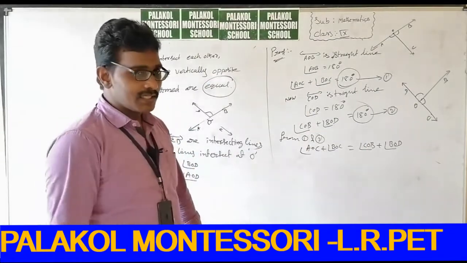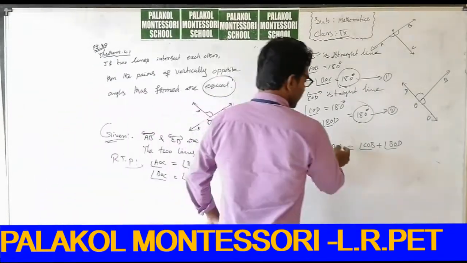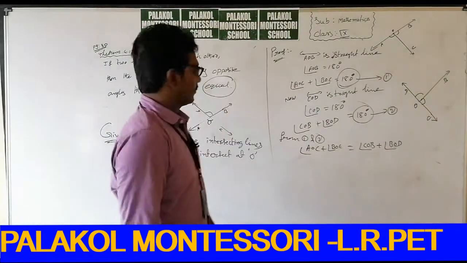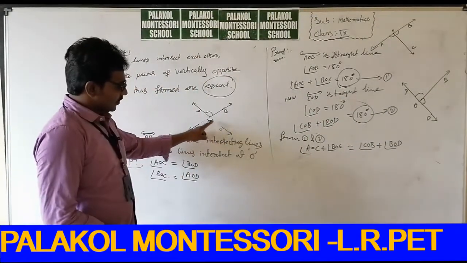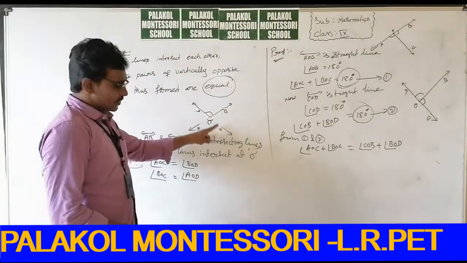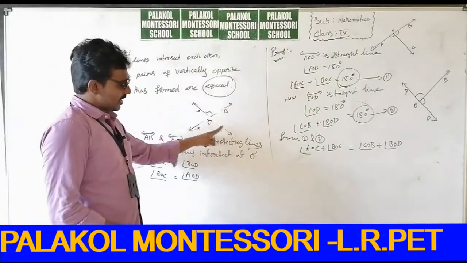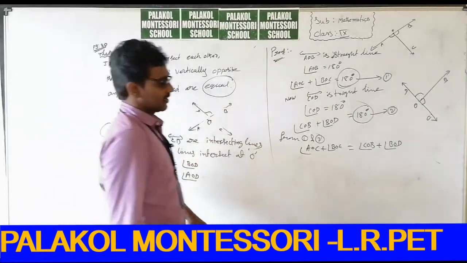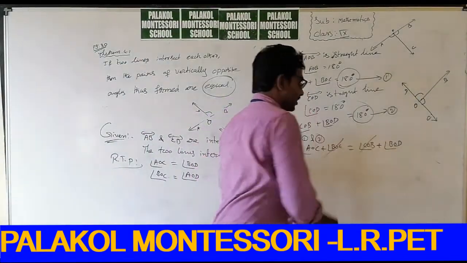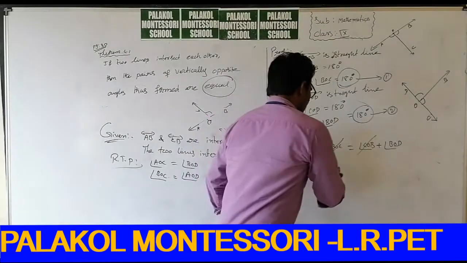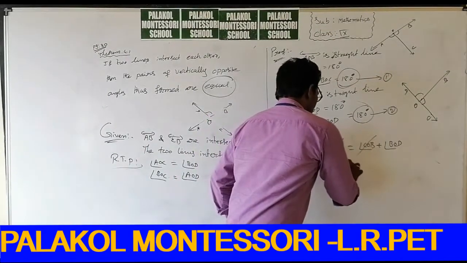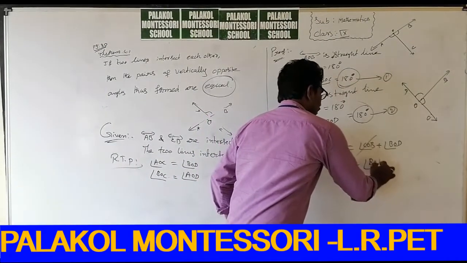Observe clearly, angle BOC and angle COB are both the same. Check it in this diagram. This side or that side, both are the same, so they cancel. What remains? Therefore, angle AOC equals angle BOD.